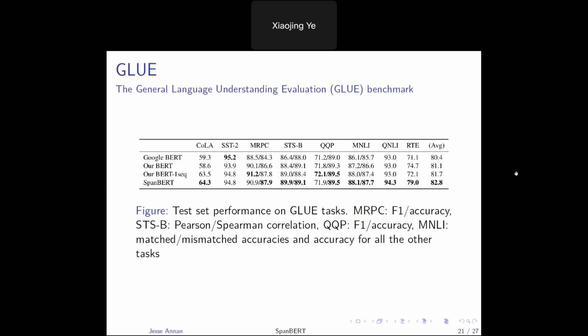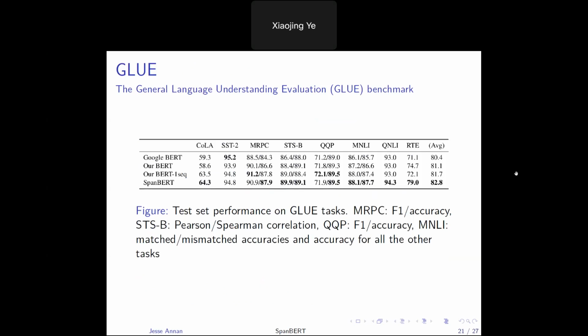So this is one of the benchmarks that really tests language models on their ability to understand natural language, right? And it's the General Language Understanding Evaluation. So it had some weird tasks. Let me say a few of them.